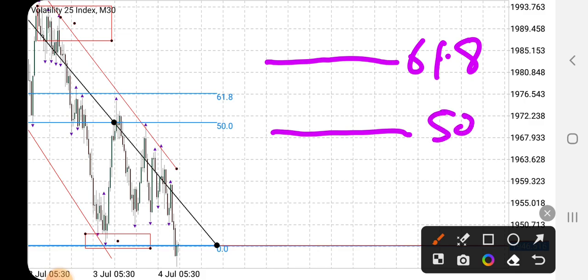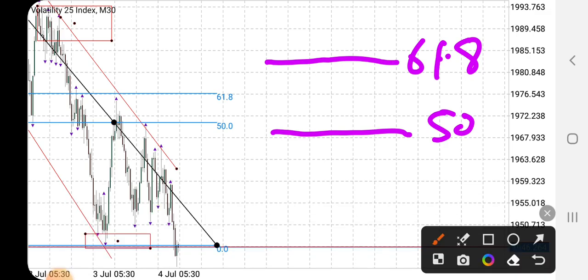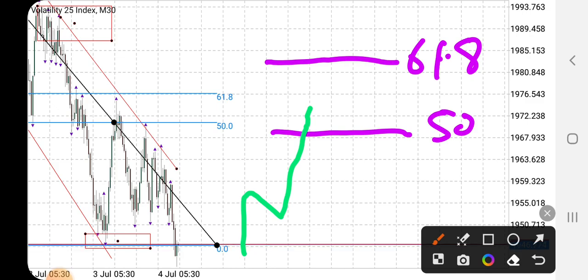Now the price maybe started retracing back to this level. Do you just make entry at level 50? The answer is no. You don't just make entry right there. What is the criteria for you to make entry on level 50?